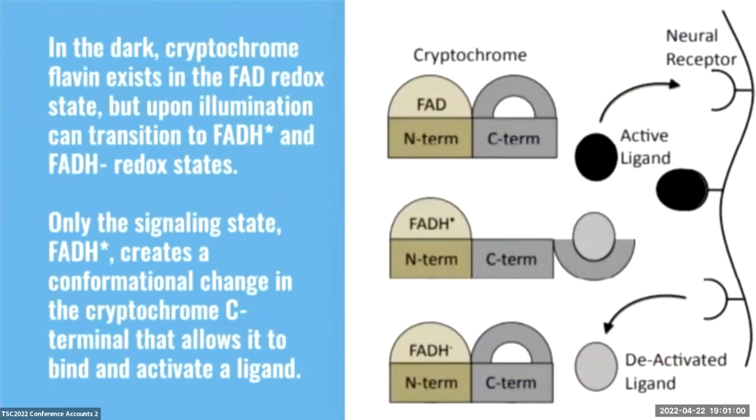The blue-green light sensor in cryptochrome is a flavin molecule that changes its shape from a non-binding state in the dark to a state that can bind with signaling molecules in light. Once in the signaling state, flavin activates the bound signaling molecule, a ligand, which then binds to a neural receptor and thereby transmits sensory information to the brain.